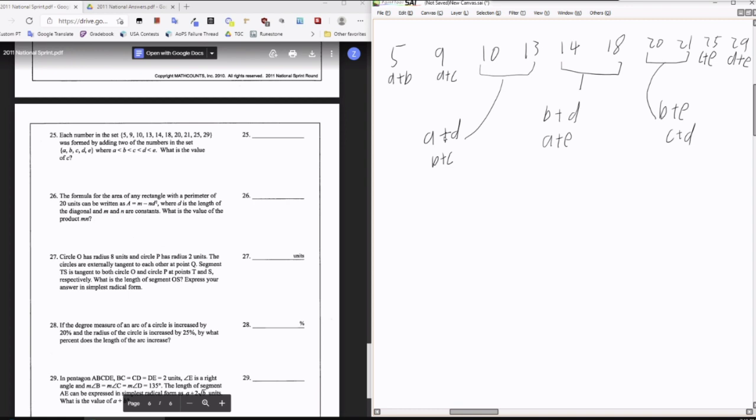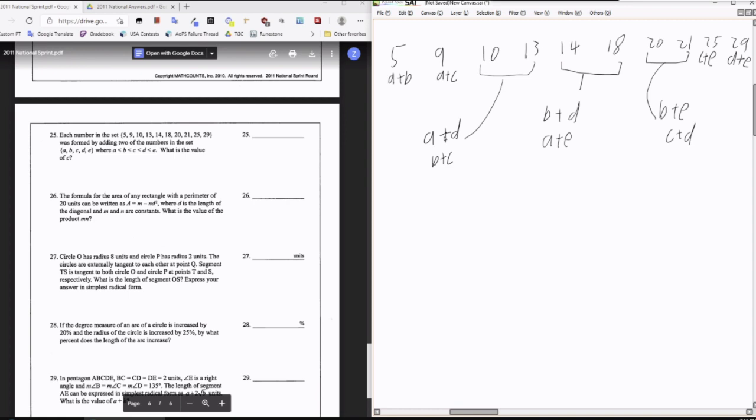If you look at the pairs of numbers, some of them are not the same parity, like 10 and 13. So we can try to use parity to solve this, right? Because if we find that A plus D has to be odd, then we automatically know that it's 13 and we get a lot of information from that. So we can try finding some parity information about our numbers.